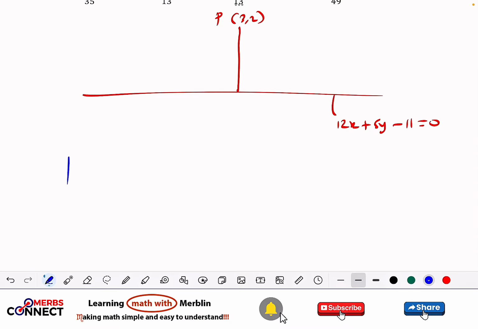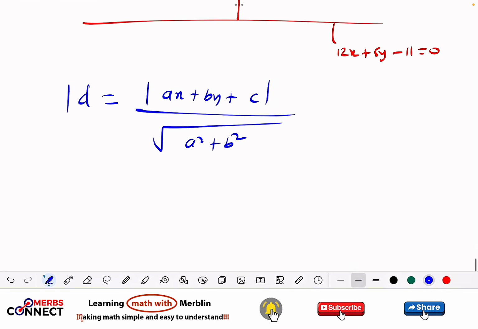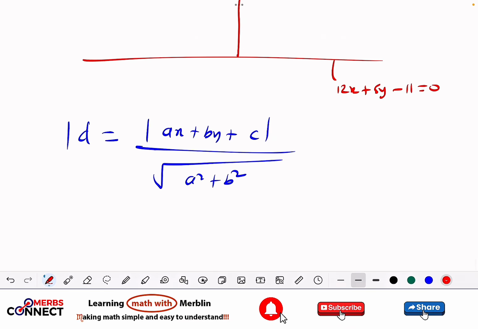So perpendicular distance is equal to the absolute value of ax plus by plus c divided by the square root of a squared plus b squared. Is that right? Yeah, I think that's the formula. So this is A, this is B, and this is C. So A is equal to 12, B is equal to 5, and C is equal to minus 11.